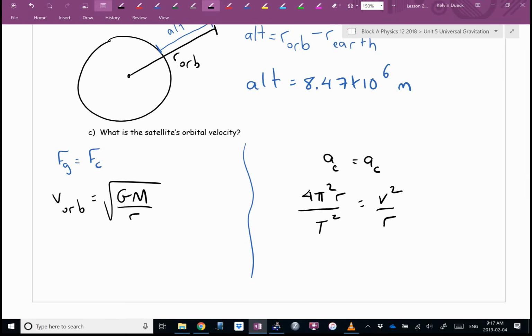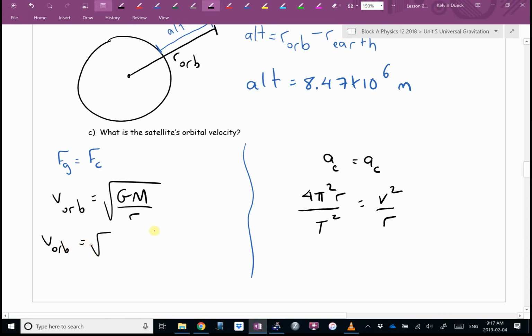No matter what, you're going to use your radius that you had to calculate from part A. And I think this left-hand method is a bit cleaner, so I tend to go with this. But every year I have a couple of kids that choose to use this one, and okay, it'll get you there as well. I'm going to go with this one.